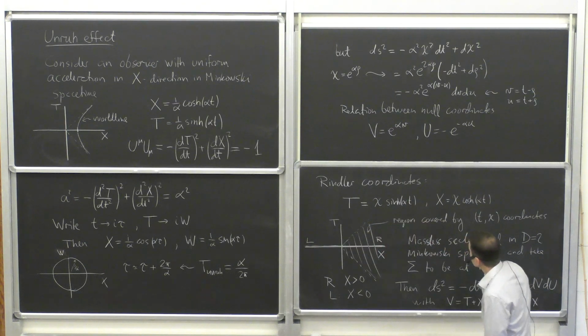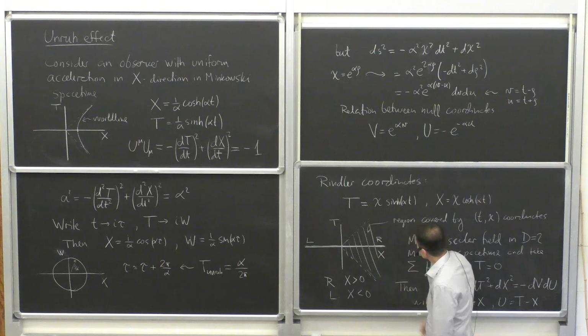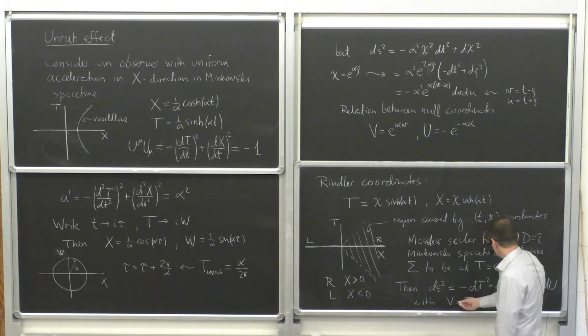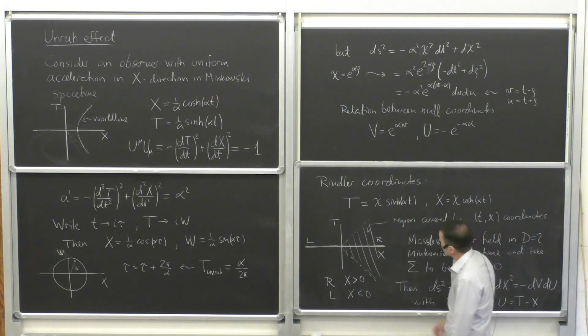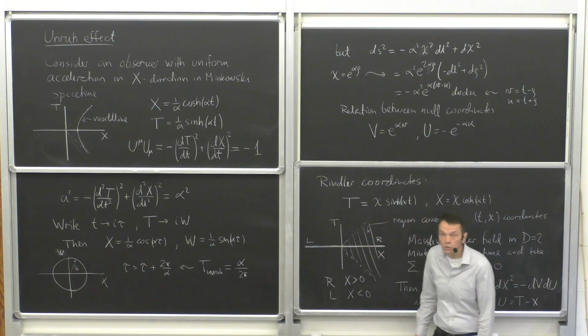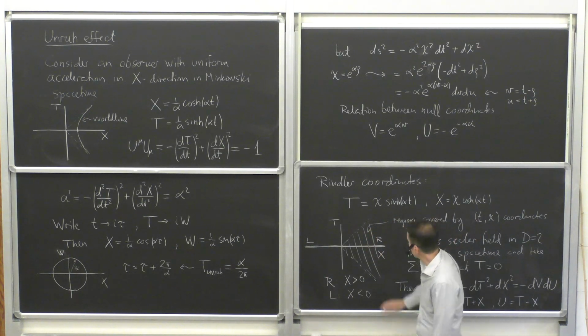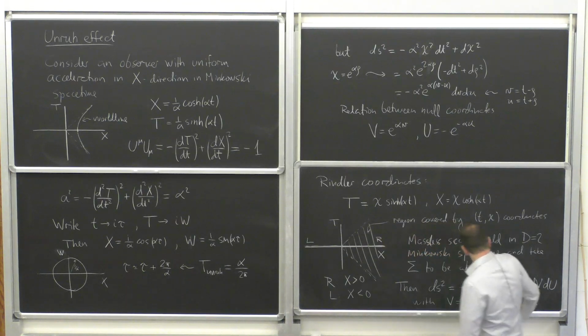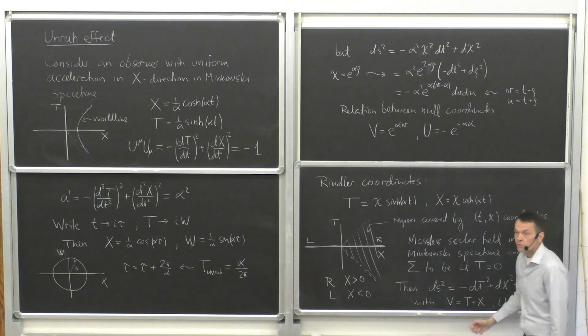So we're covering this wedge here. But the capital V and capital U cover the whole thing, so they're analogous to the Kruskal coordinates we had in Schwarzschild, and the Rindler coordinates are analogous to the Schwarzschild coordinates.